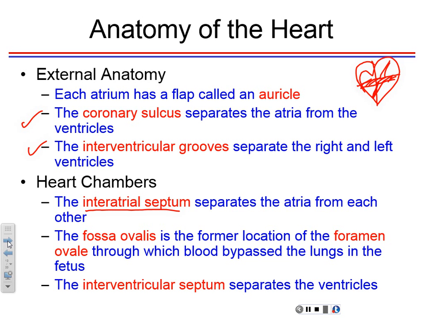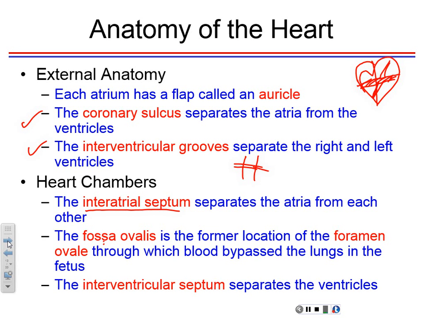You don't want that, because in the fetus they're not breathing air, so the lungs are non-functional. So we have to divert the blood. That's one of the early fetal cardiovascular adaptations, and I bring it up now because we're talking about the interatrial septum. It has a hole going from the right atrium to the left, because the left goes to the systemic circulation.